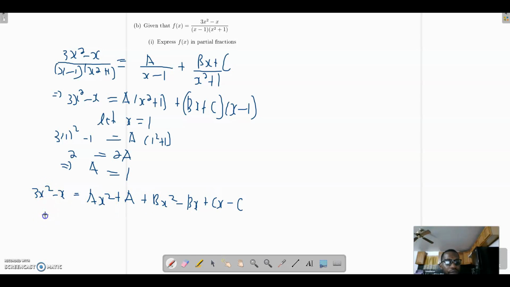The coefficient of x squared on the left is 3. On the right, it's going to be A plus B. But we know that A is 1. So you're going to have 3 equals 1 plus B, which means that B is equal to 2.